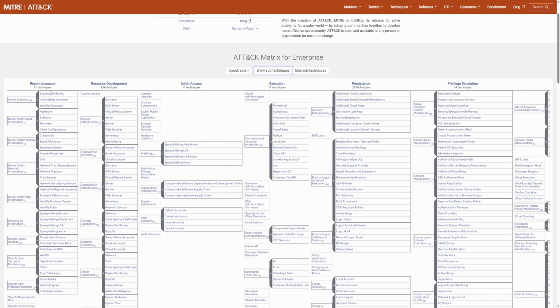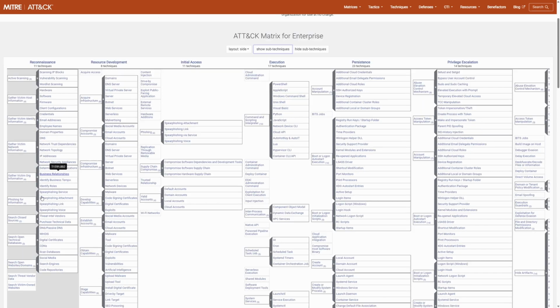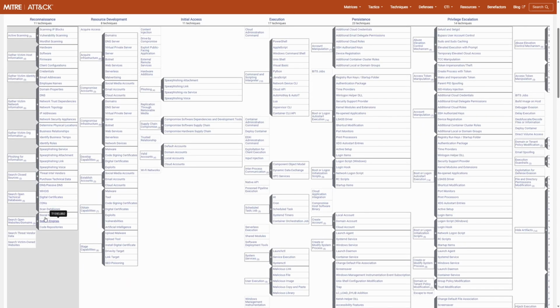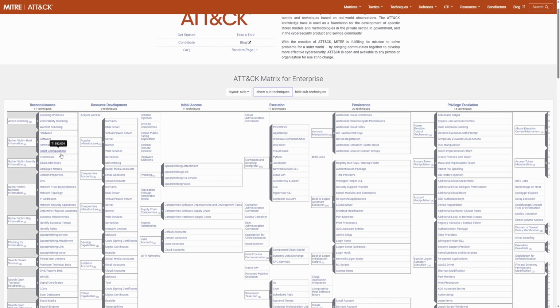But first, we have to do the reconnaissance, actually scanning. A lot of times with active scanning, you can actually detect someone that's actively scanning you, right? Gather victim host information: hardware, software, firmware, client configurations. This is just how you get the information about your victim, the person you're trying to attack.